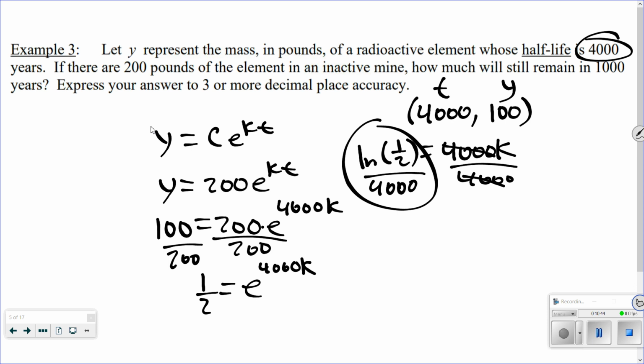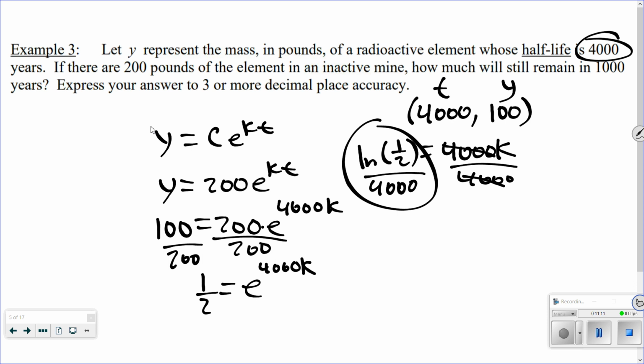Now we want to figure out what that is as a decimal, so grab a calculator, and we're going to plug that in our calculators to figure out what that comes out to be. So ln of a half, or 0.5, divided by 4,000. Okay, so my calculator is saying it's negative 1.73286795 e to the negative 4. That means I need to move the decimal place 4 places to the left.